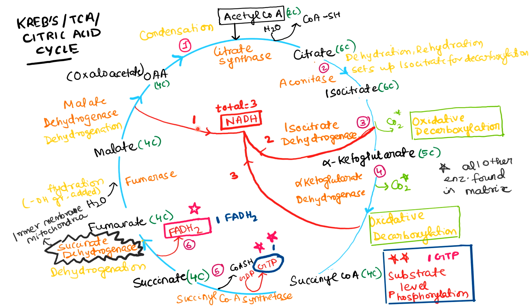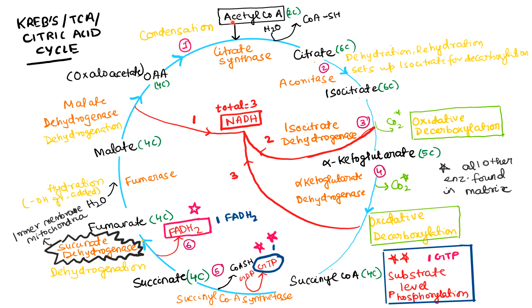If you see, we are getting two types of redox equivalents here. 3 NADH plus H plus, along with one FADH2, in the Krebs cycle, for a single molecule of acetyl coenzyme A or a single molecule of pyruvate.